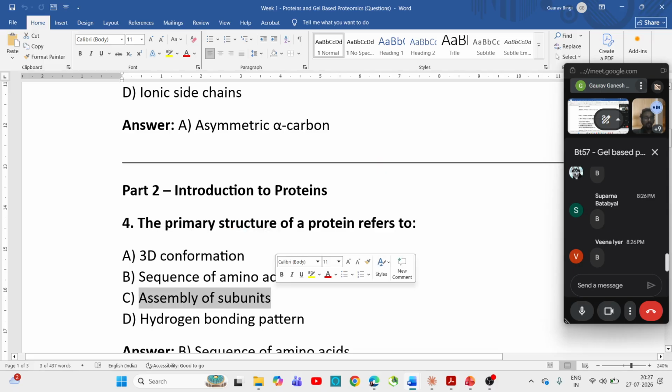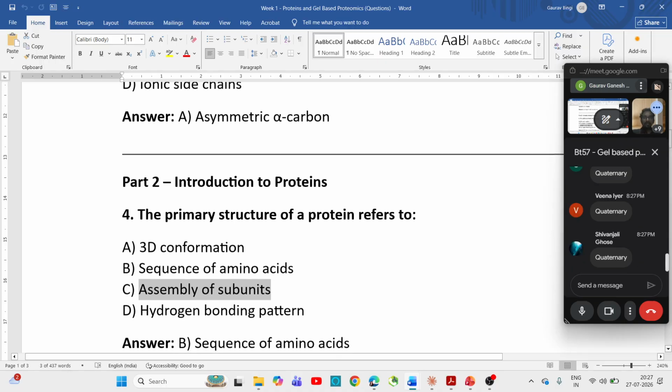What is assembly of subunits? Does it come into the picture in secondary structure, primary, tertiary, or is it about quaternary? Yeah, it is quaternary, when your subunits are attaching.